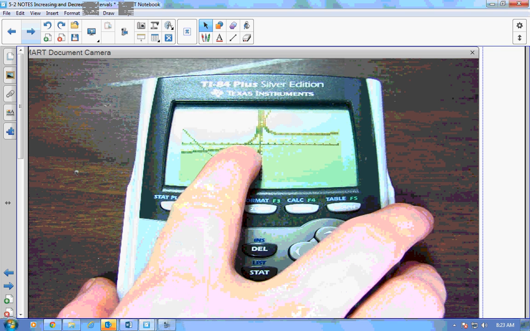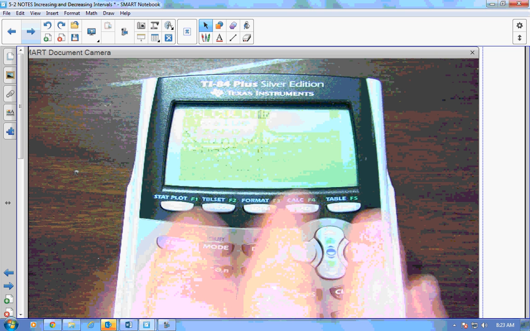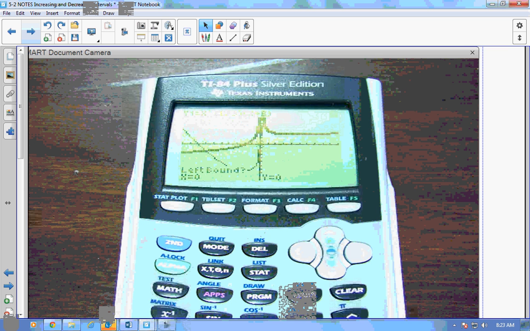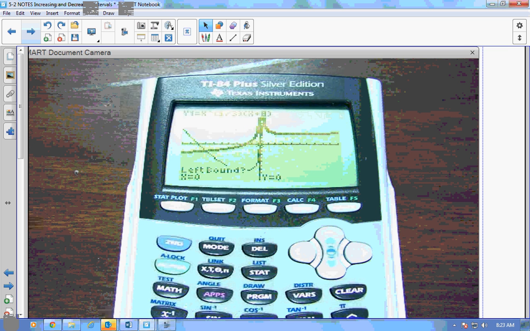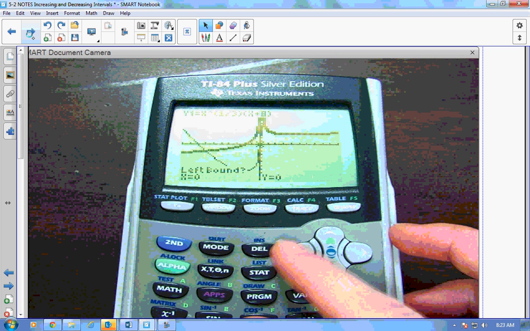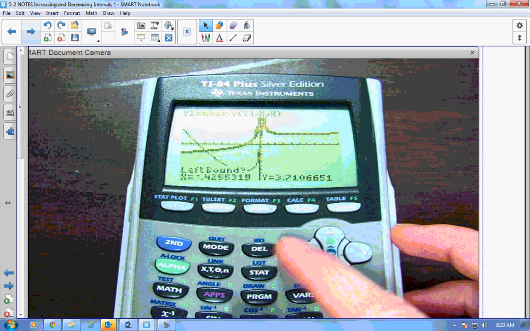Go to your calc feature, second, calc. How do you find a zero? Number 2. Right now you can see mine is on the skinny line, so if you go up or down, you can jump over to the line you want.